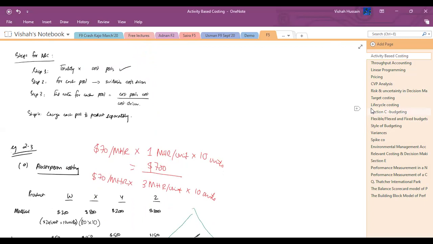Now, I've already told you the disadvantage of absorption costing, which is an advantage for ABC, which is why we are following ABC nowadays and trying to avoid absorption costing. ABC says that first of all, you don't have to total the overheads. Why?